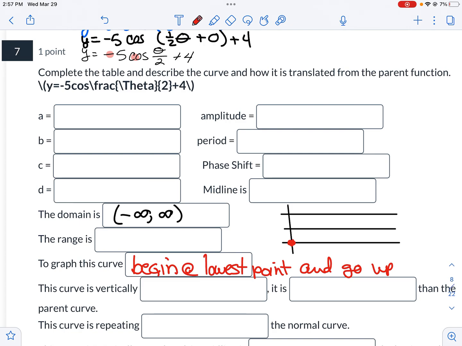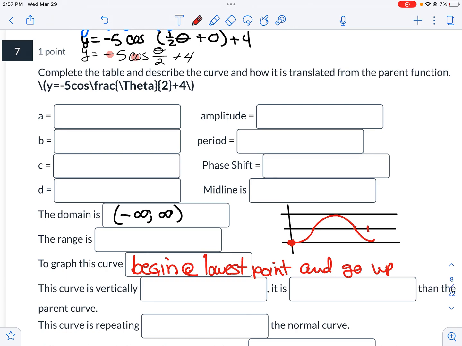We'd go up to the middle, we'd hit the top, we'd return to the middle, and then return to where we started. Whoops, it's not that kind of a curve. And then this spot right here we'll do in a moment.